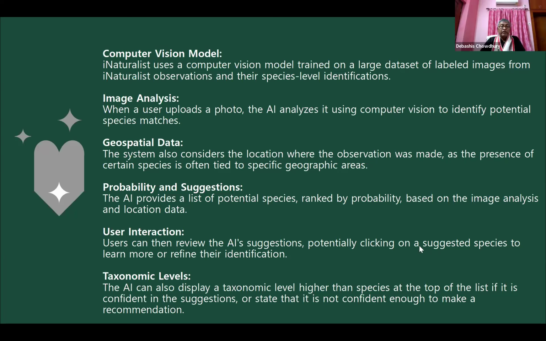Taxonomic levels. The AI can also display a taxonomic level higher than species at the top of the list if it is confident in the suggestions, or state that it is not confident enough to make a recommendation. So AI lists like that. Sometimes they are confident up to family level, and below that they give suggestions of some species.